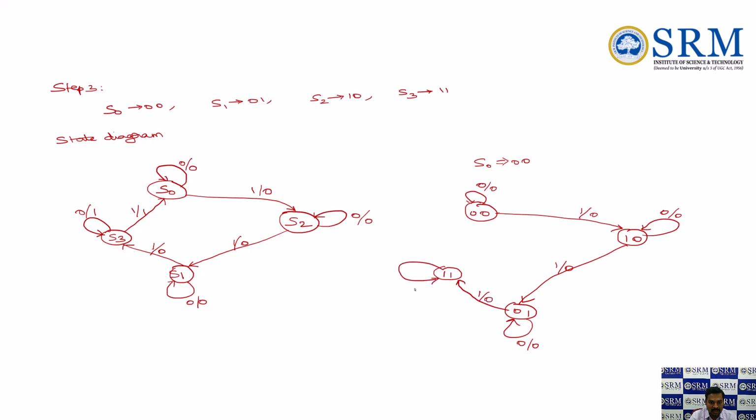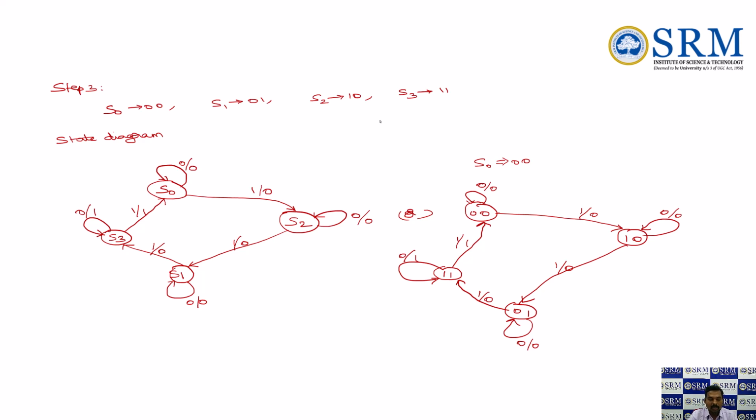It was written at the same state, 0 as input, 1 as output. Then 1 1 to 0 0 state, input is 1, output is 1. This is also right. You can prefer either this way or that way. So both were right. So that's implementing the state diagram.